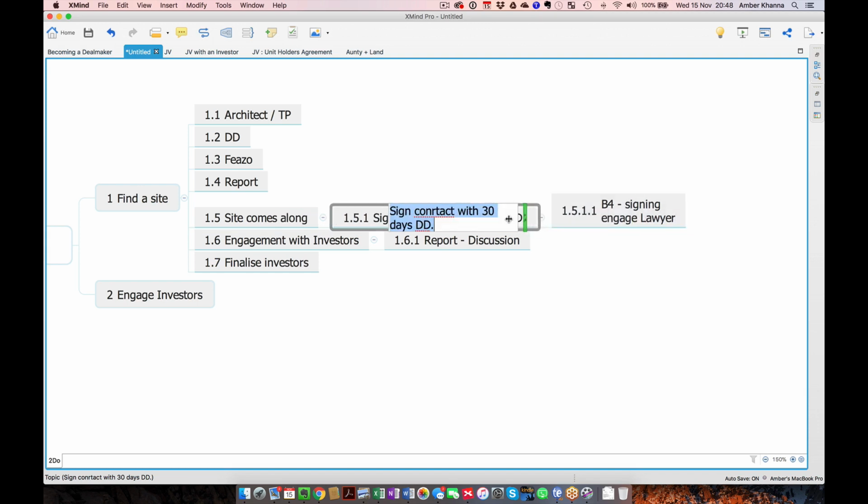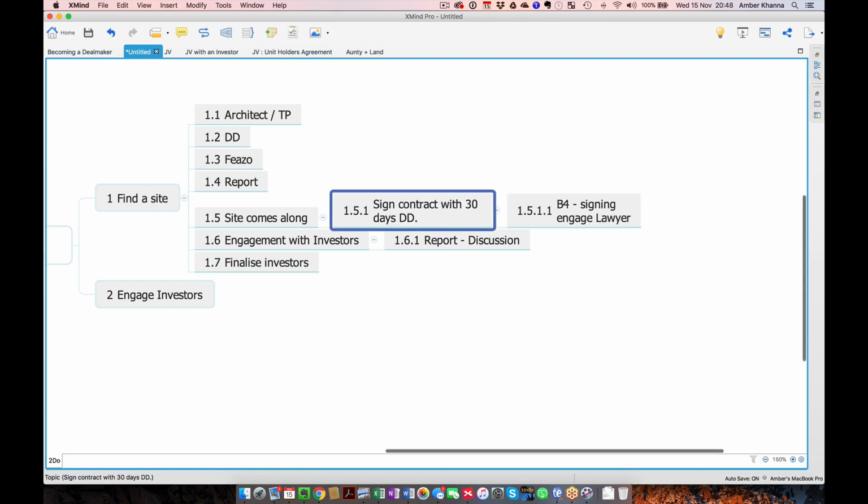That way you've got 30 days to decide whether or not you're going to go through with it. Correct. So in that 30 days you can engage investors and find out what's going to happen.